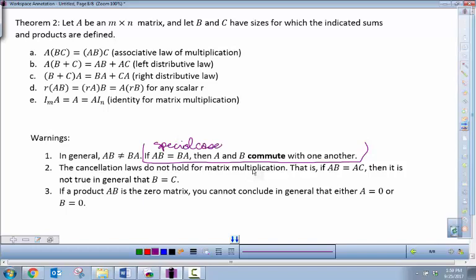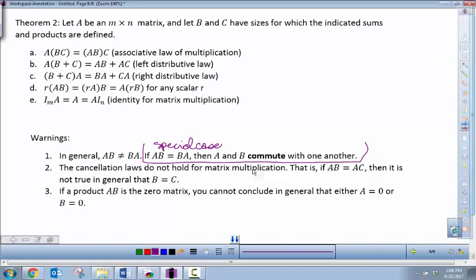The example we had where we stretched the vector and then rotated it is a special case, because if we rotate it first and then stretch it, it'll be the same thing. In those special cases, we can say that those transformations commute. In some other cases, they don't. In general, you can't just switch the order of products with matrix multiplication.